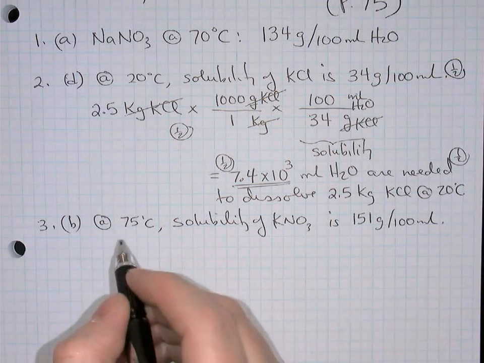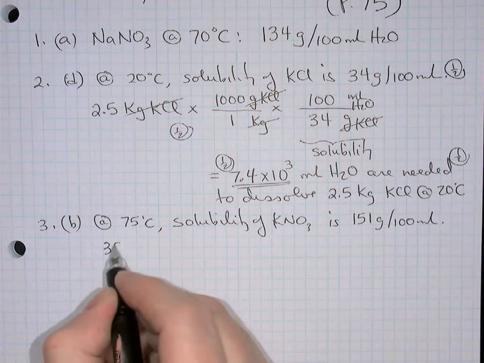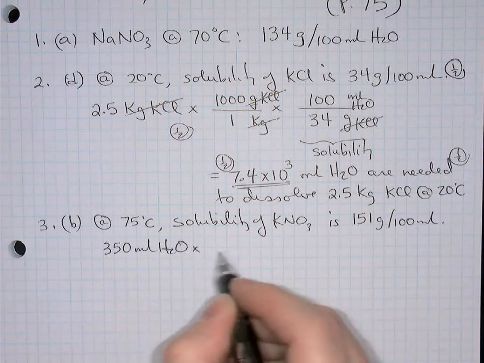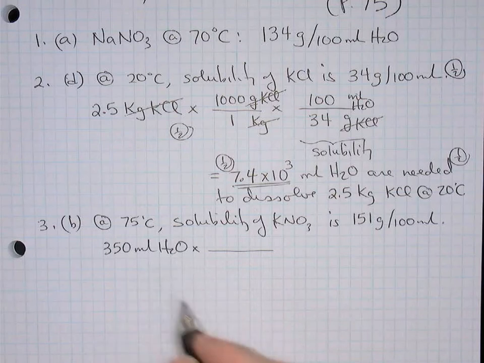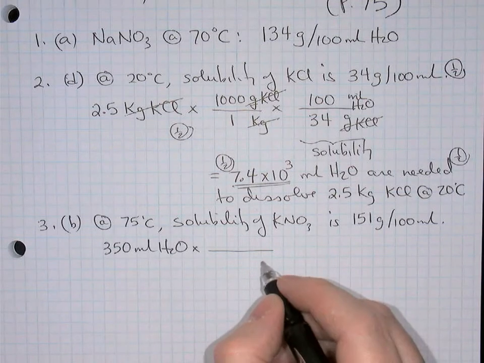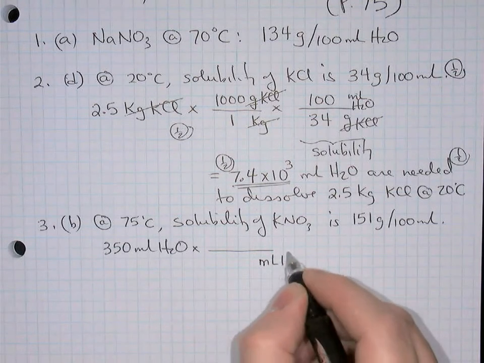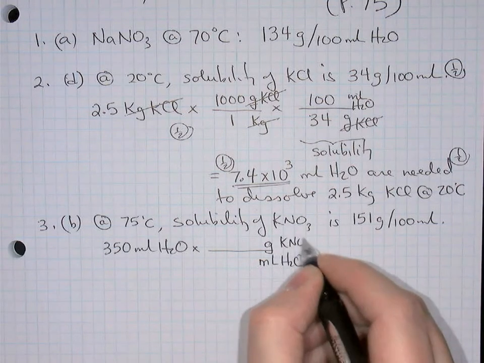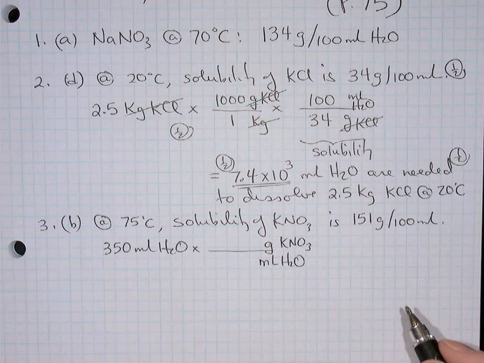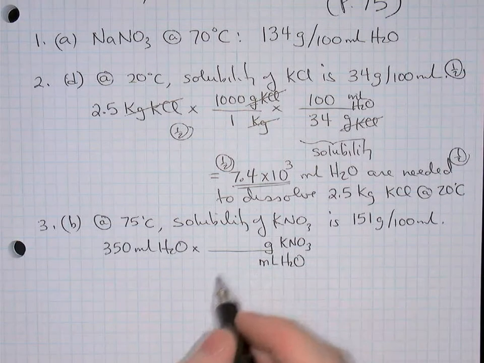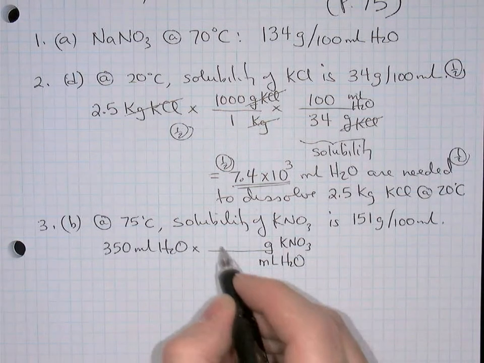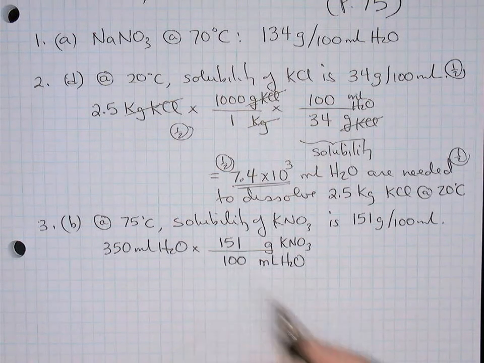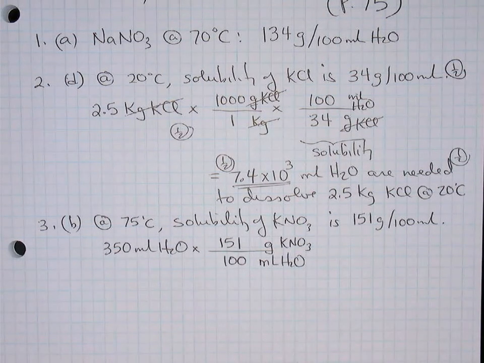Now will come my unit multiplier. We had 350 milliliters of water, and so because the volume here is in milliliters, I'm just going to use 1 multiplier to get rid of the milliliters of water and switch to the grams of KNO3, which is what we're trying to find. Grams is mass, right? So the solubility again was 151 grams for every 100 milliliters of water.